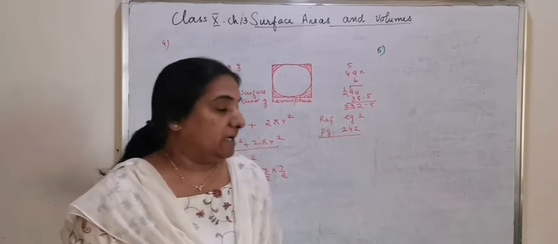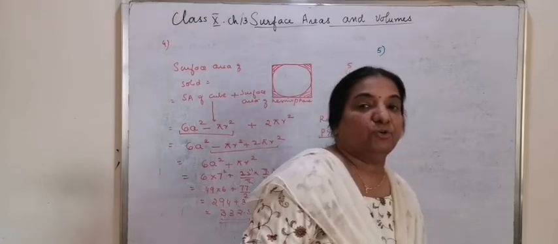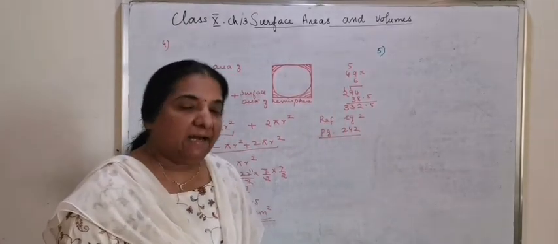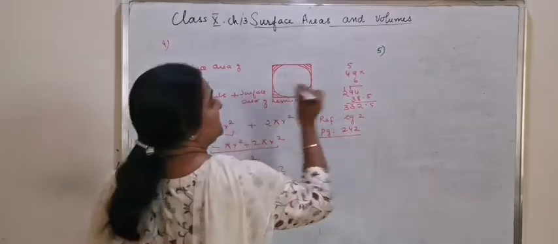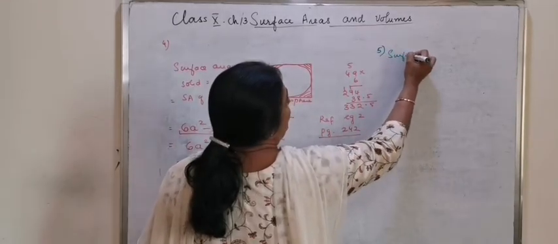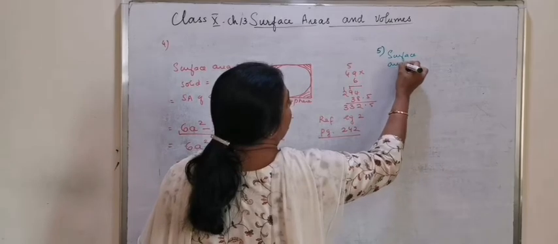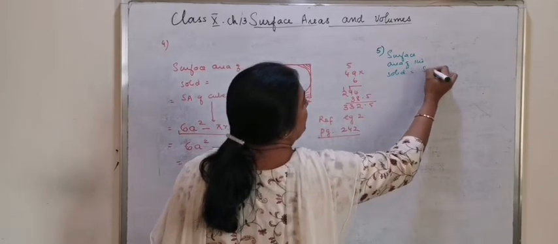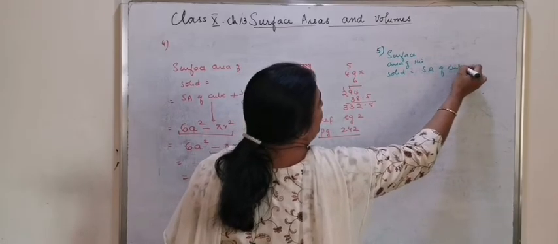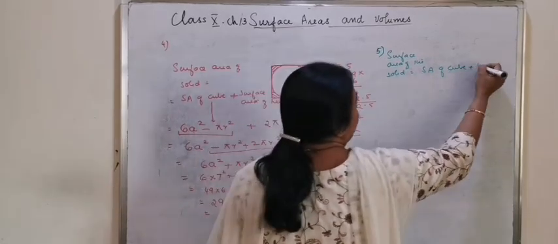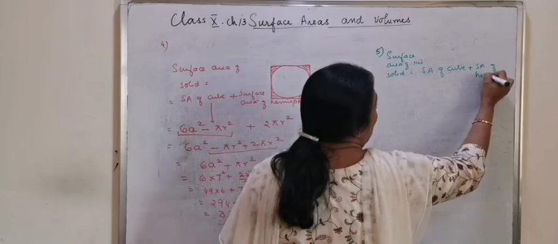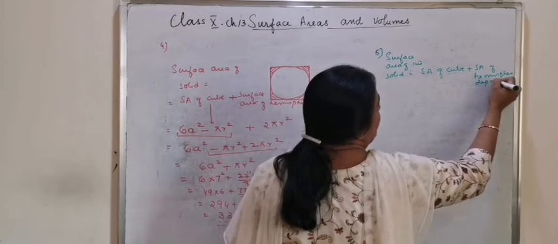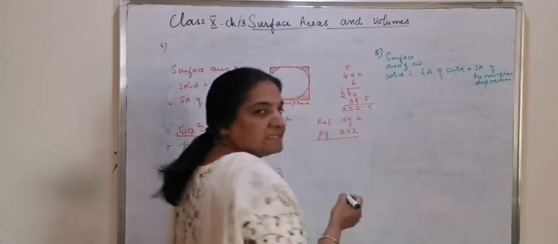It's a general formula. Instead of the edge of the cube as 7 centimeter, the edge is given as L centimeter. That is, the surface area of the solid is equal to surface area of cube plus surface area of hemispherical depression. Formula remains the same.